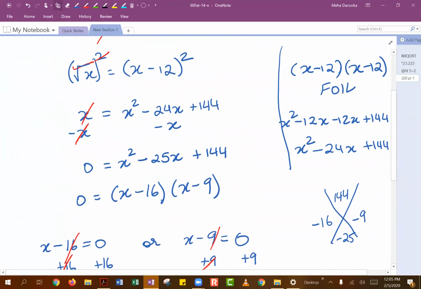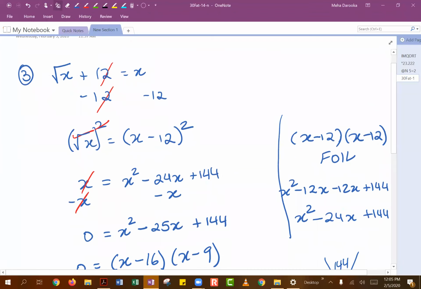All right, so just to kind of again recap this, you started out by moving that 12 to the other side because we wanted to get the square root of x by itself. Then to get rid of the square root, we end up squaring both sides, so they cancel out here, leaving us with the x. And then please remember to FOIL that right-hand side.